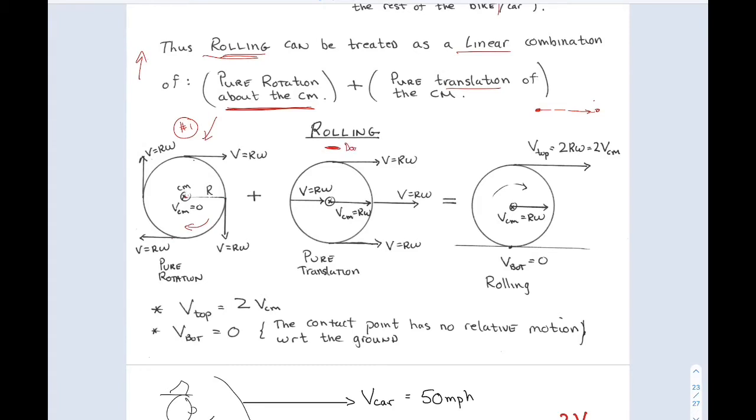The door handle is moving to the right. Every point on the wheel is translating to the right with the same speed as every other part of the wheel: the mirror, the hubcap, your backpack. So here I have a linear combination of pure rotation about the center of mass plus pure translation of the center of mass.